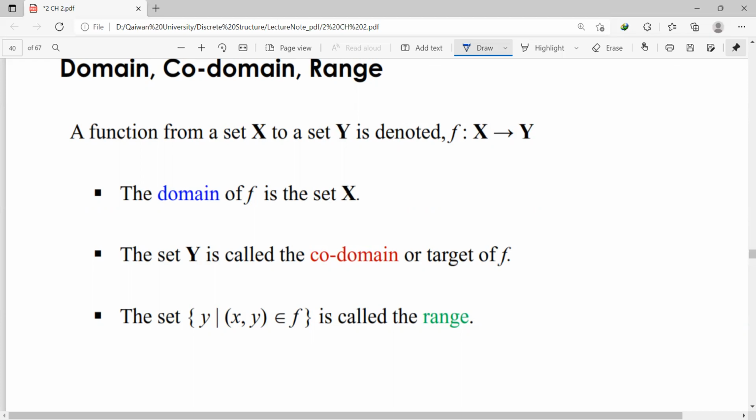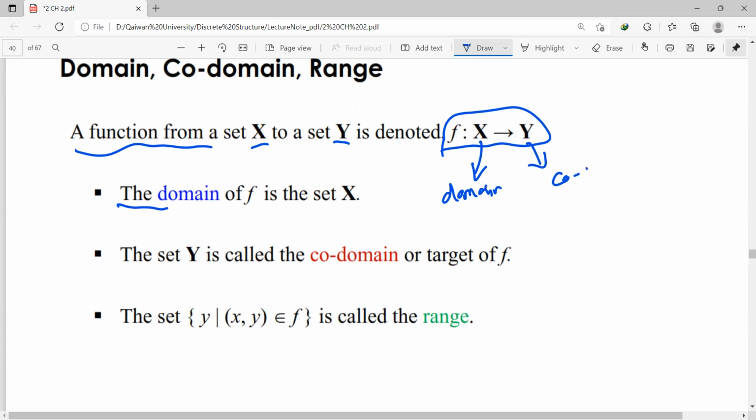Okay, if you have a function from set x to set y, it is denoted by f from x to y. So here x is the domain and y is the codomain. So what's the range? Range is a subset of codomain. The domain of f is the set x and the codomain is y.